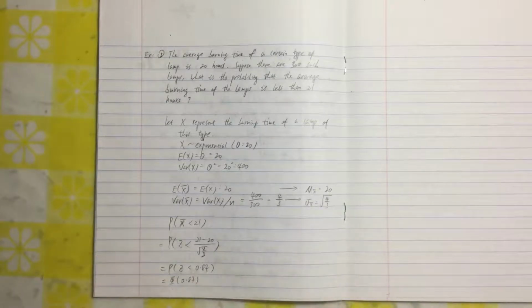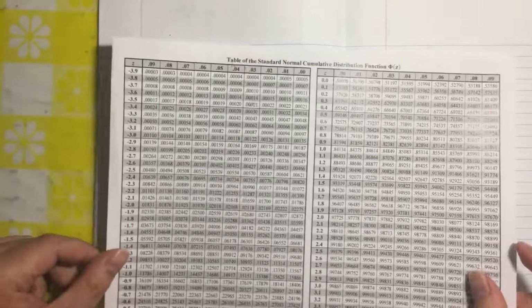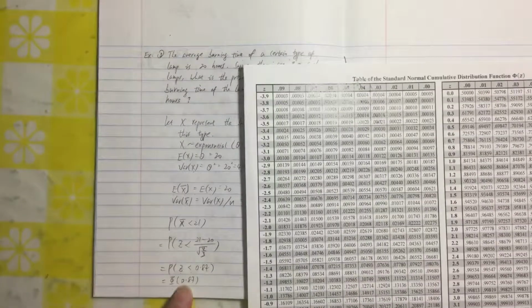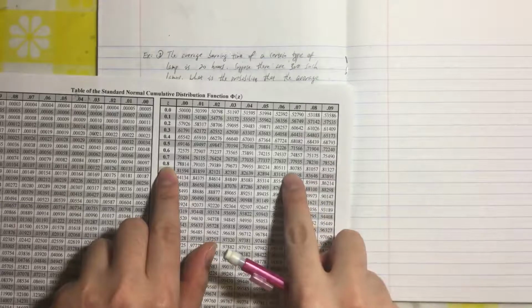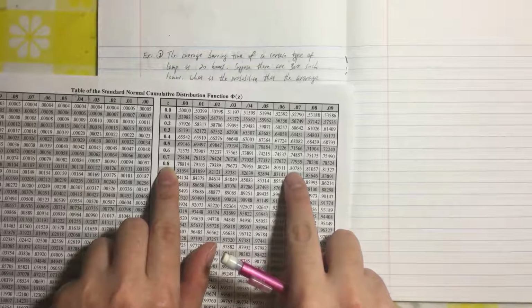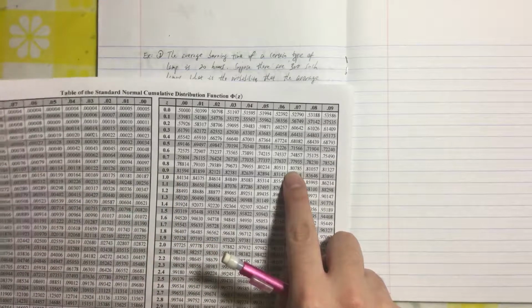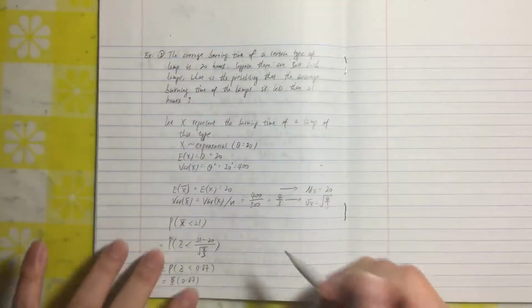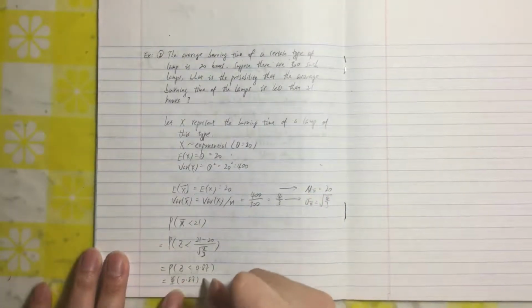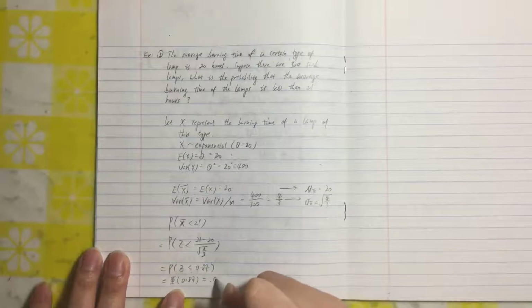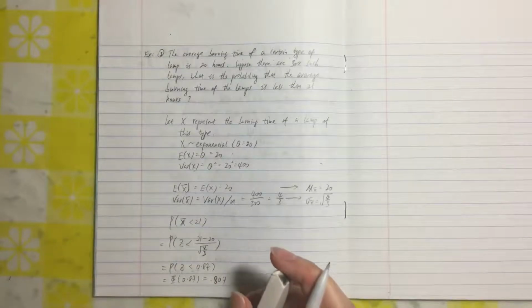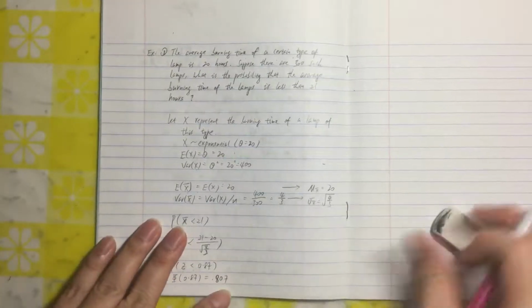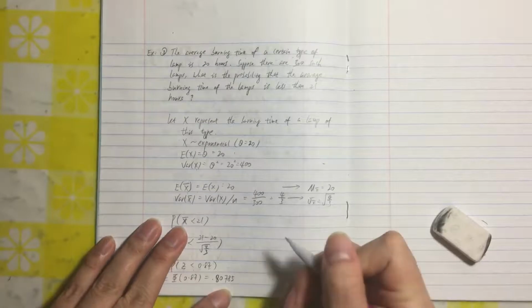Next, I can use the table of the standard normal CDF. 0.87 is here, and that's 0.80785.